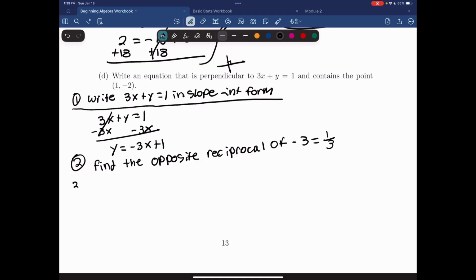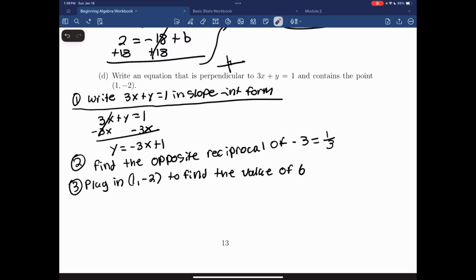And now that we've got that, for step 3, we're going to plug in the point (1, -2) to find the value of b in our new equation that's perpendicular to this one. So we're going to say y equals 1/3 x.